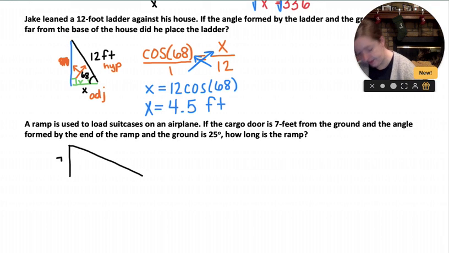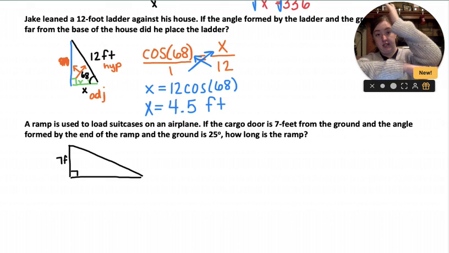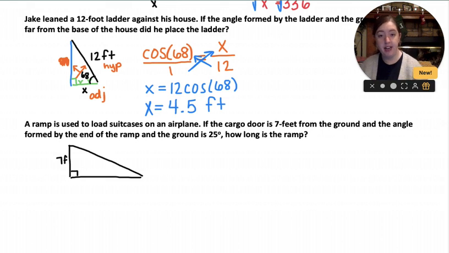So right there is 7 feet. Here's the ground. We know that it's going to make a right angle. They said that the ramp and the ground down here made an angle of 25 degrees. So that means that this angle right here is 25 degrees. And then they want to know how long is the ramp. This right here is the length of the ramp.